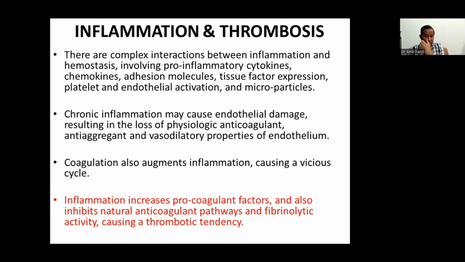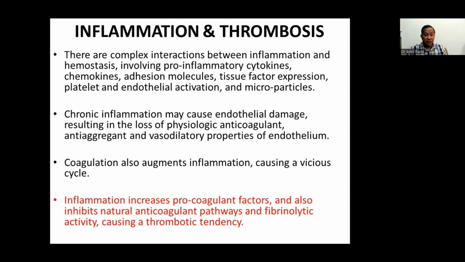And these interactions involve pro-inflammatory cytokines, chemokines, adhesion molecules, tissue factor expression, platelet and endothelial activation, and microparticles. Chronic inflammation may cause endothelial damage, and we know this, and that is the starting point of coronary arteriosclerosis: chronic inflammation.